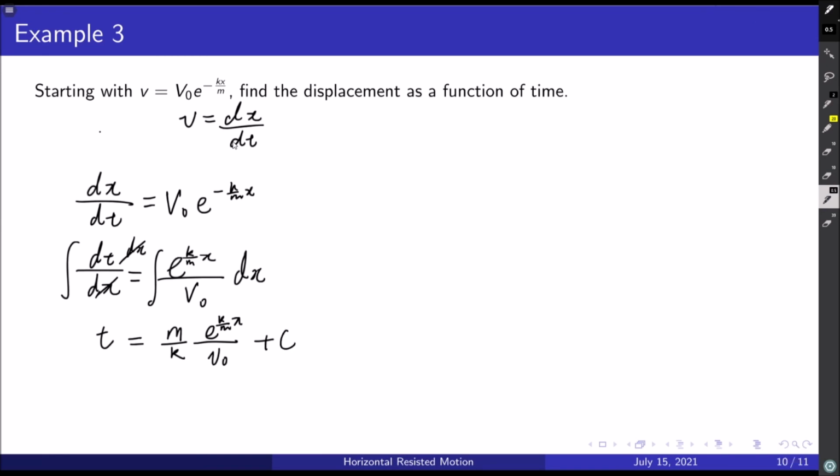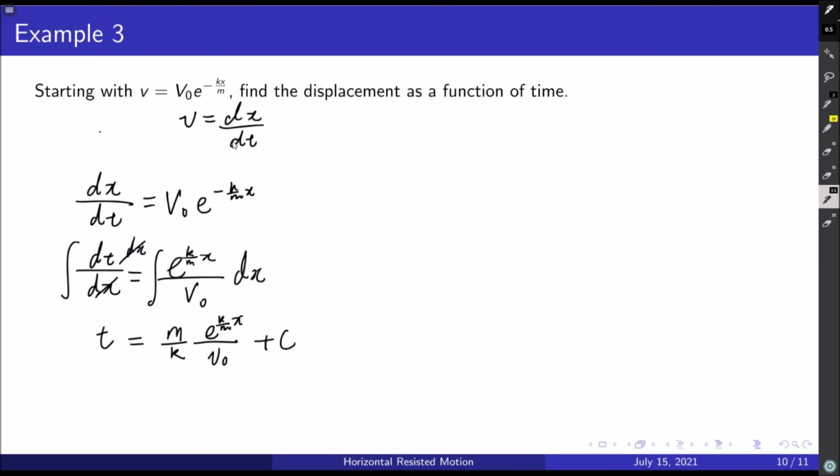Okay, so now we'll have to rearrange all of this to turn it into a function of t, so x equals a function of t. But here we need to find out what c is first.